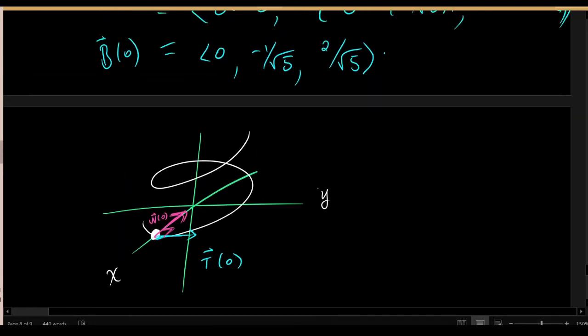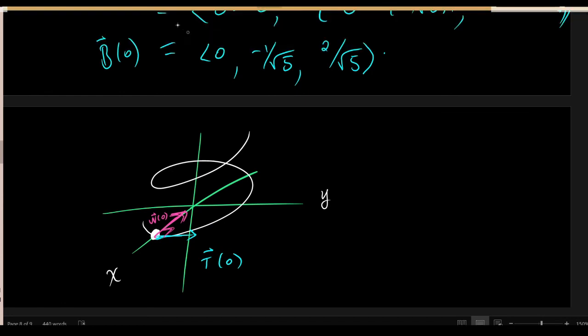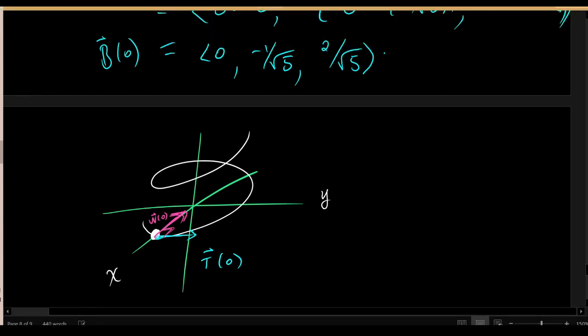Now meanwhile, B of 0 is not pointing at all in the x direction. It's tilted slightly back in the y direction, and it has a pretty robust z component. So finally, B of 0 is tilted back this way, forming a right angle with both N and, in the front, with T.